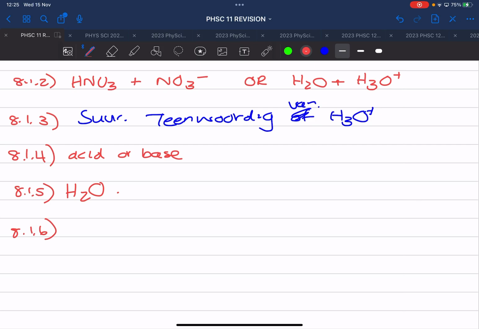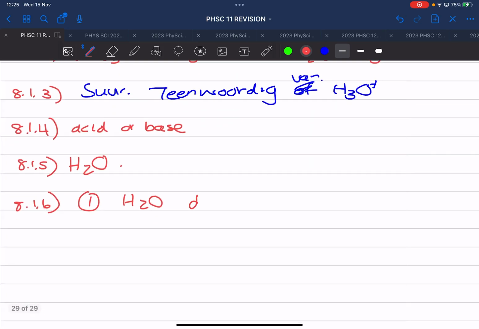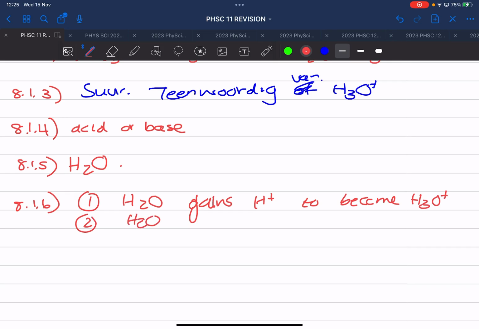8.1.6. Verduidelik die antwoord deur na die rol van hierdie stof in reaksie 1 en reaksie 2 te verwys. So this is where you say, in reaction 1, water, what happened? It gains hydrogen to become hydronium ion, and in reaction 2, water donates or loses a hydrogen to become the hydroxide ion.